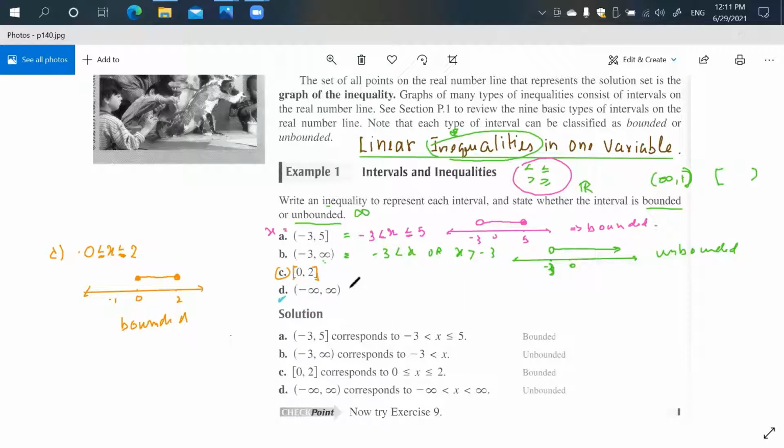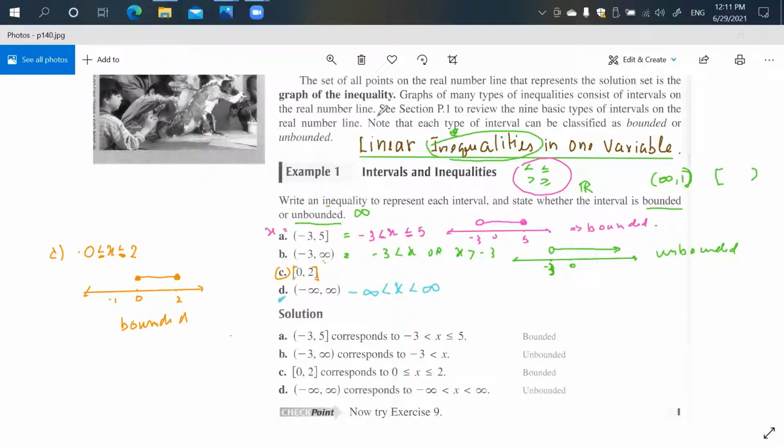For D, how do you write it down? So X, this one is easy now. Open on both of them, right? So this one, X is less than infinity and greater than negative infinity. Okay, you write in interval notation about this one.